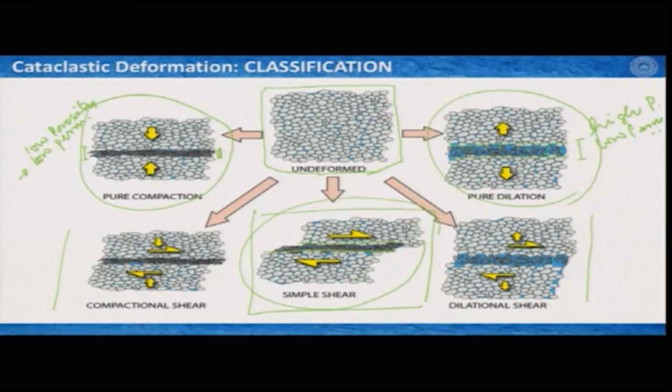So, within the 3 end members you can have the localized cataclastic deformation, and based on the way the rocks are deforming, whether it is compaction, dilation or simple shear, the porosity and permeability of the rock would vary accordingly.